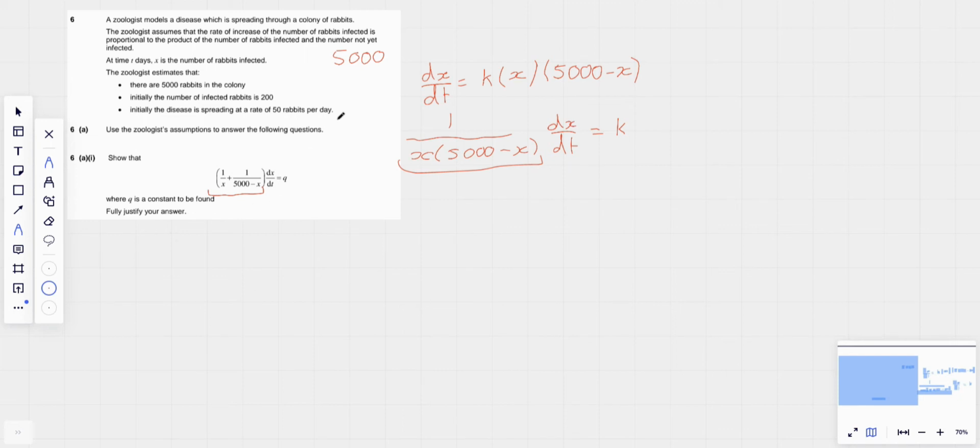So let's take this left-hand side. We're going to get 1 over x plus 1 over 5,000 minus x. I'm just ignoring this dx/dt. I just want to rewrite this, and maybe I'll be able to get it in a similar form to that. Well, for one, let's combine the fractions.